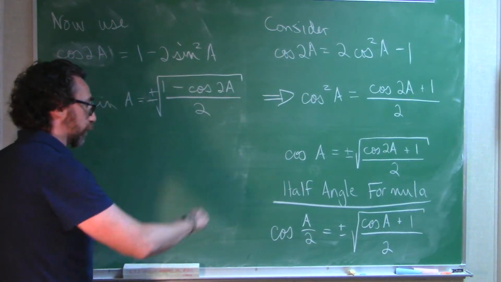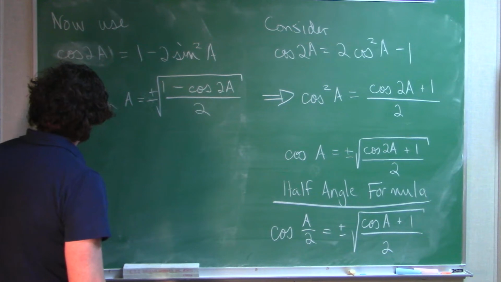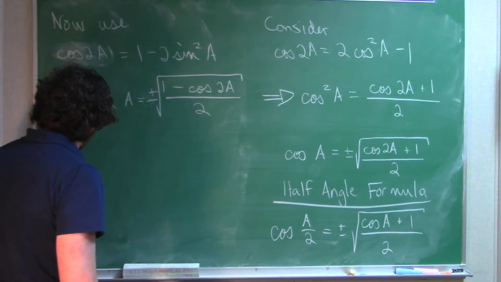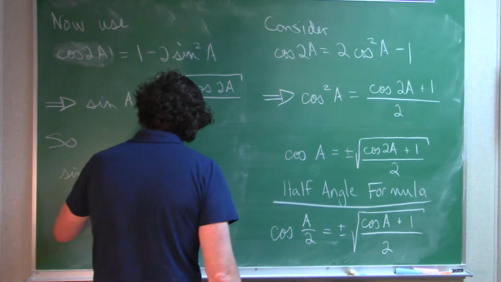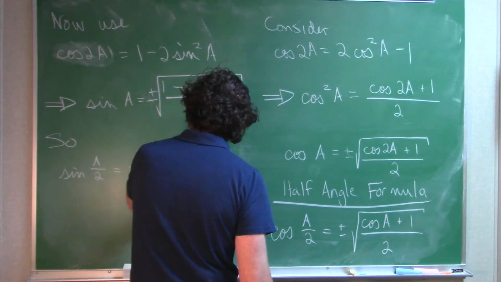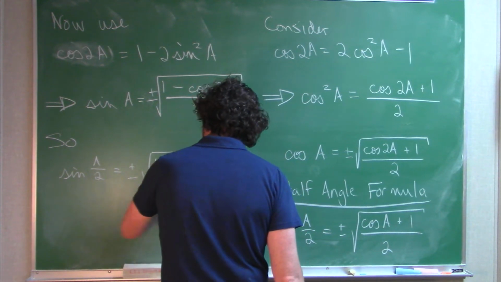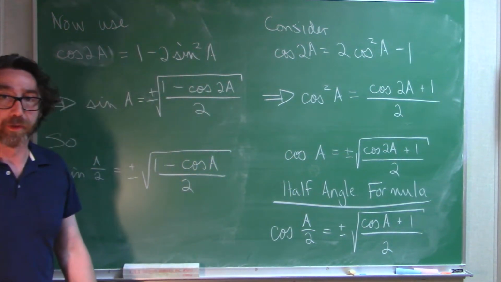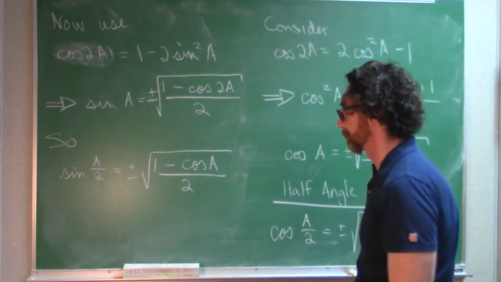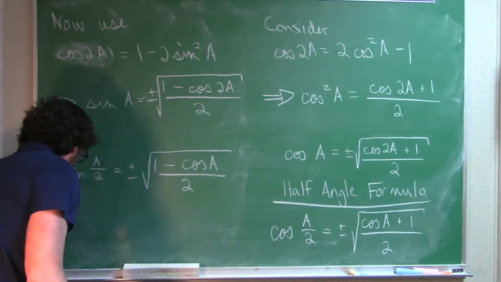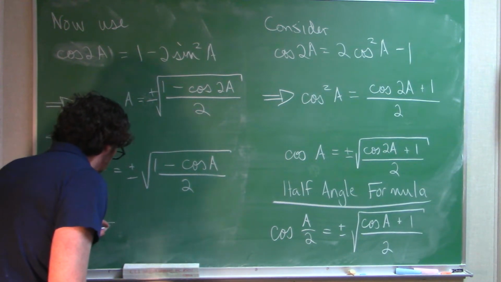So the half angle formula for sine would be plus or minus square root of 1 minus cosine a over 2. Notice that both of the half angle formulas involve cosine. And in fact, I'm going to repeat my half angle formula for cosine over here.